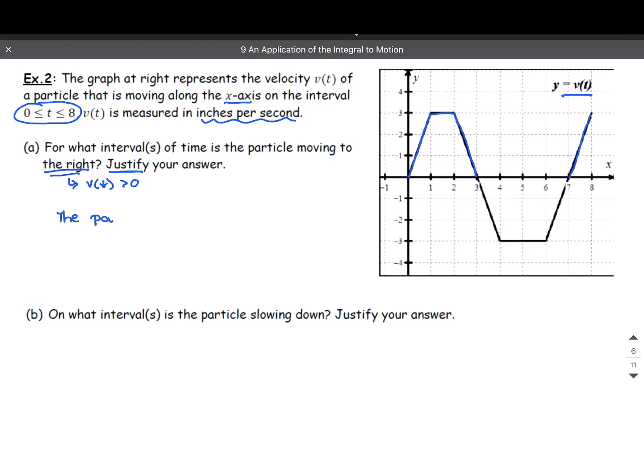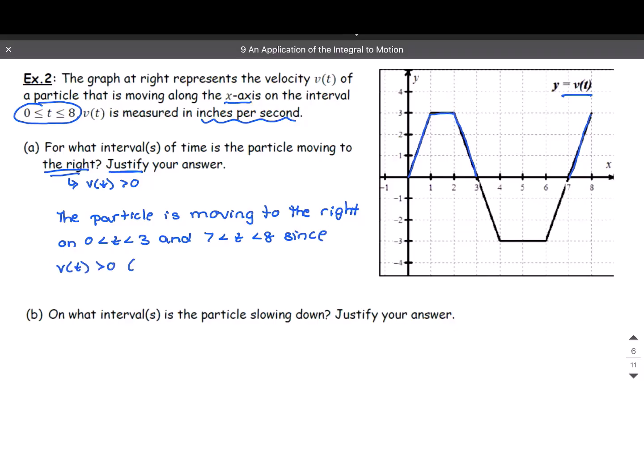The particle is moving to the right on 0 less than t less than 3 and 7 less than t less than 8, since v of t is greater than 0, or if you would prefer to write, since velocity is positive. And in this case, it doesn't have to be equal to 0 because we're not looking for when it's stopped.